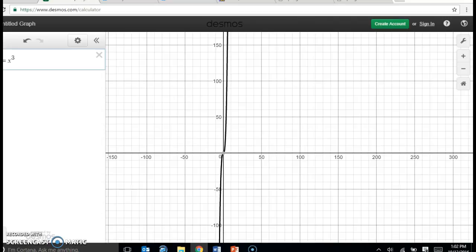Going from left to right, we're starting down here, and we're going up. So is it ever decreasing? No. So it's just increasing from negative infinity to positive infinity.